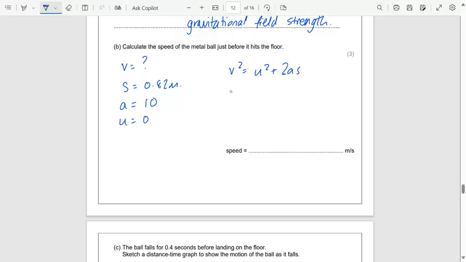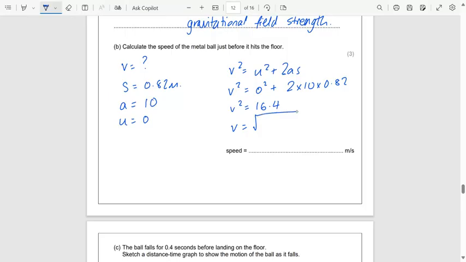So if I'm trying to calculate V, V squared equals 0 squared plus 2 times 10 times 0.82. So V squared, if I put that in my calculator, is 16.4. V is the square root of 16.4, which is 4.1.